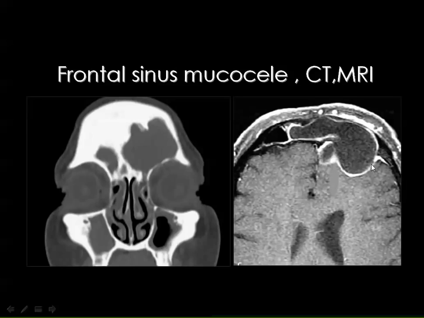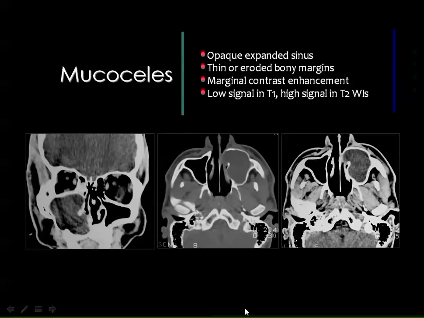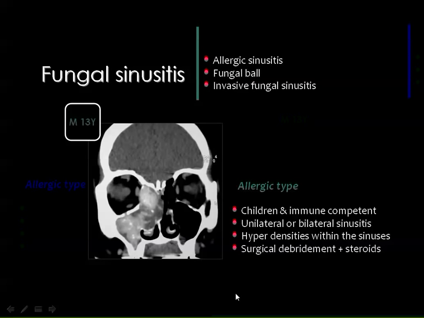As in any case of sinusitis and mucoceles, if you inject contrast media, it will show marginal enhancement, and this can help to differentiate tumors from mucoceles, because tumors will show either homogeneous or heterogeneous contrast enhancement. This is also a third example, a mucocele of the maxillary antrum. The antrum is expanded, the bony margins are relatively thinned out, and this is classic for mucocele of the antrum.